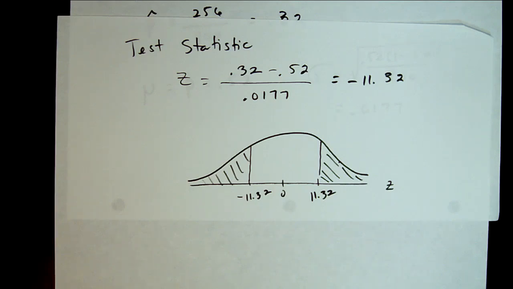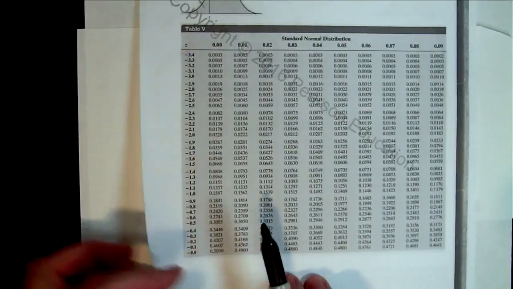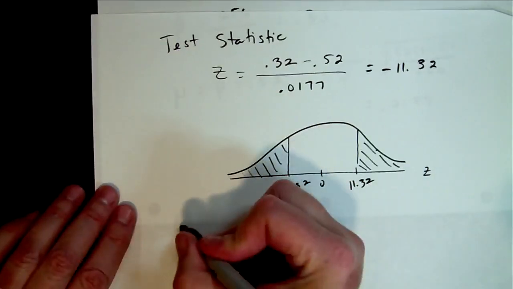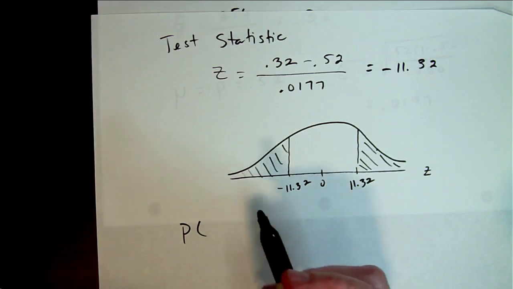Okay, so let's see. Negative 11.32. Let me put some labels down for what we're looking up.